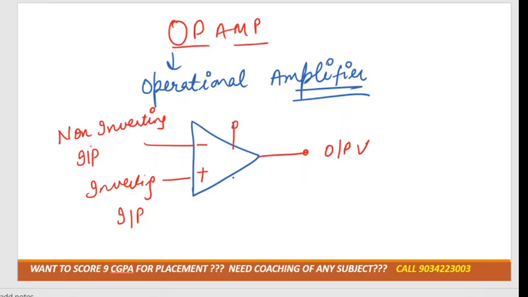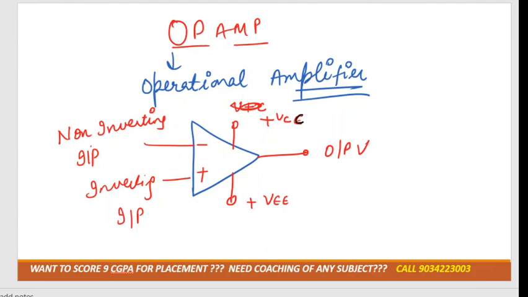It is also provided with two supplies: plus VCC and VEE. Remember, in the transistor we did VCC supply and VEE supply, right? So this is the basic op-amp symbol.